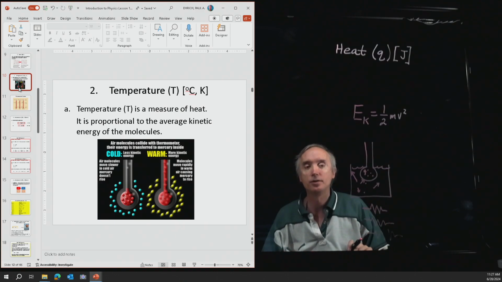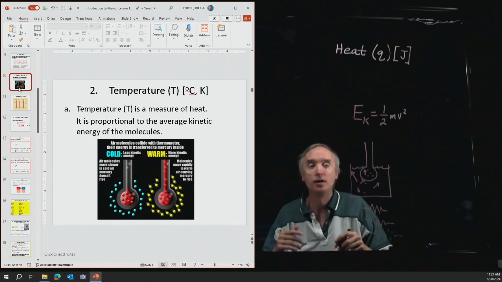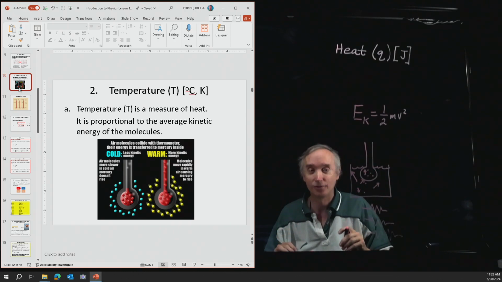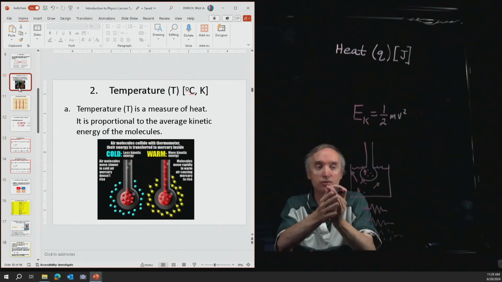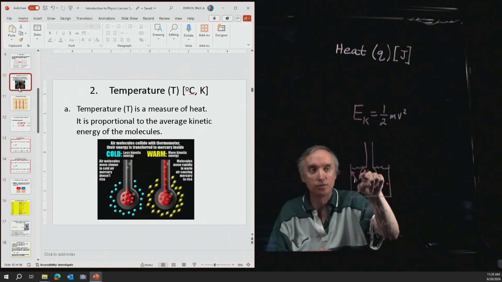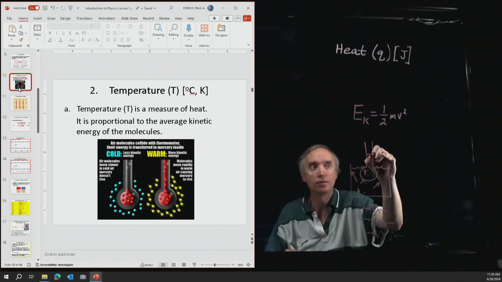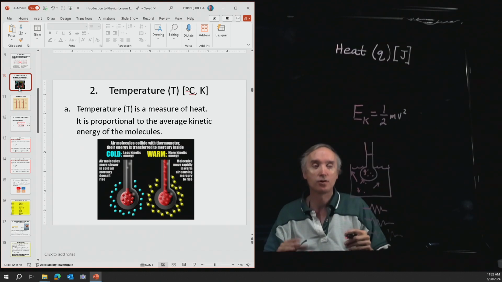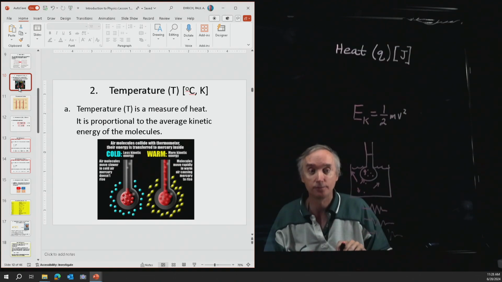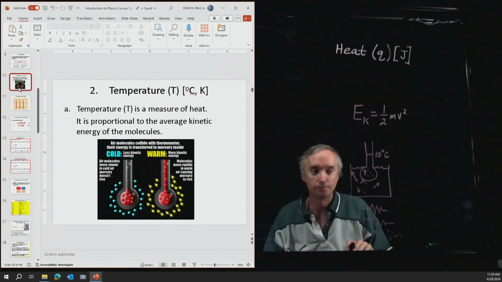So as these molecules are moving faster and faster, they're going to have a certain amount of energy, and they're going to expand. Just like this thing expanded, these molecules will cause the fluid to expand, and it's going to expand up the thermometer. This is going to correspond to a certain temperature. So maybe this temperature is 10 degrees Celsius in the metric system.